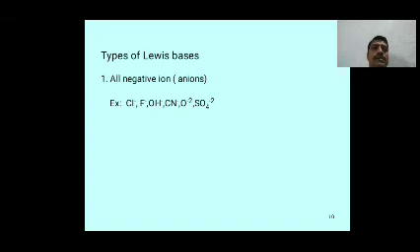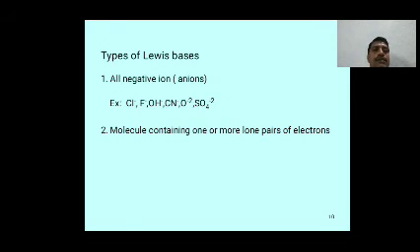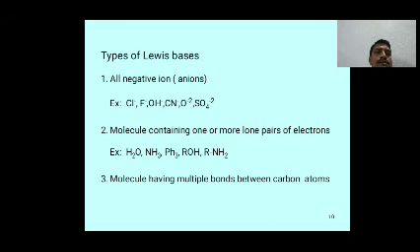Molecules with one or more lone pairs of electrons on the central atom act as Lewis bases, like H2O, NH3, PH3, ROH, RNH2. Molecules having multiple bonds between carbon atoms, like C2H4, C2H2, C3H6, are also Lewis bases.